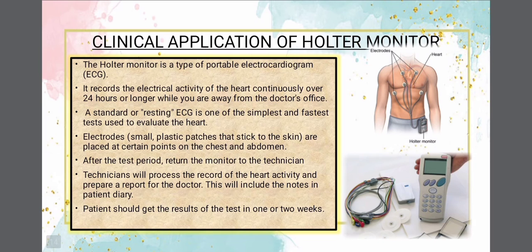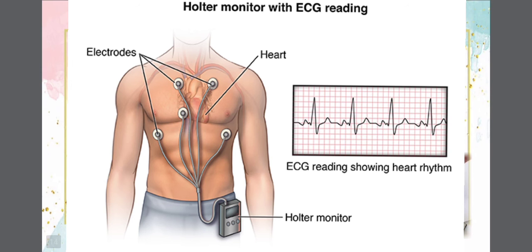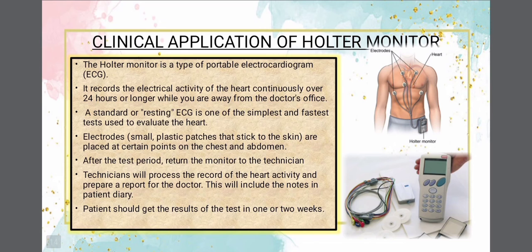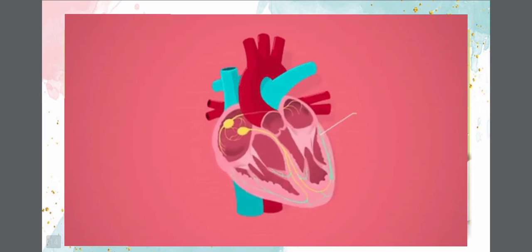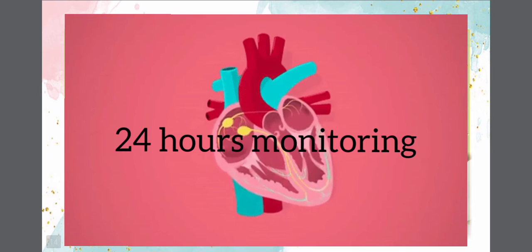Clinical applications of Holter monitor. The Holter monitor is a type of portable electrocardiogram, ECG. It records the electrical activities of the heart continuously over 24 hours or longer while you are away from the doctor's office.